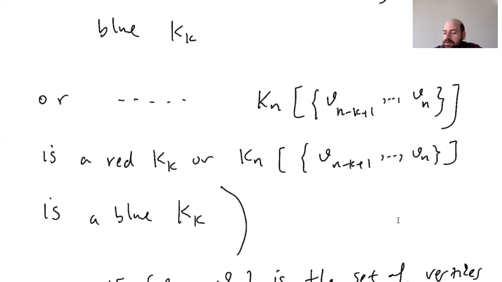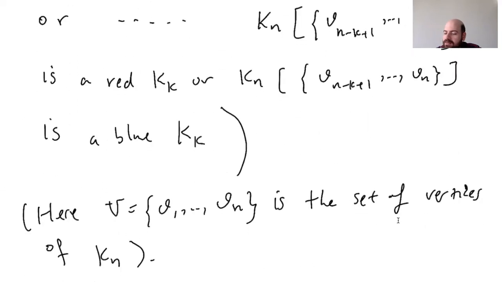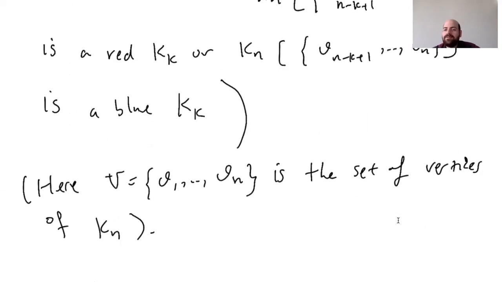So the probability of the event that there exists a monochromatic KK in Kn, we decomposed it into smaller events. So that means either this happens, or this happens, or this happens, all the way to this happens, or this happens.